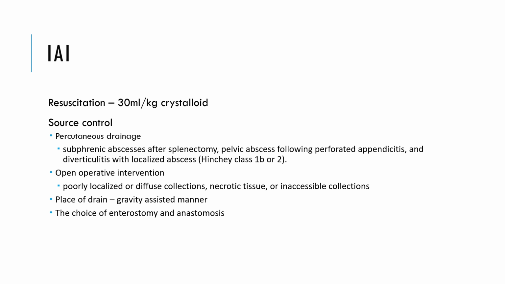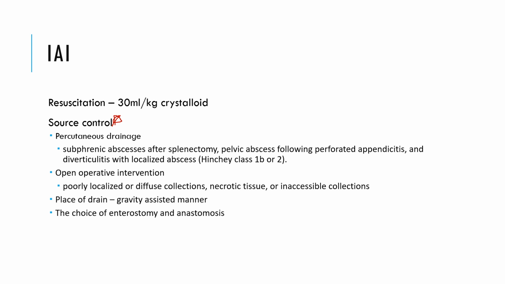Then a word on intra-abdominal infection. Usually you have to first resuscitate the patient, usually with 30 ml per kg of crystalloid, and then the most important thing is source control. So in infection or sepsis, whenever possible, you have to do source control.